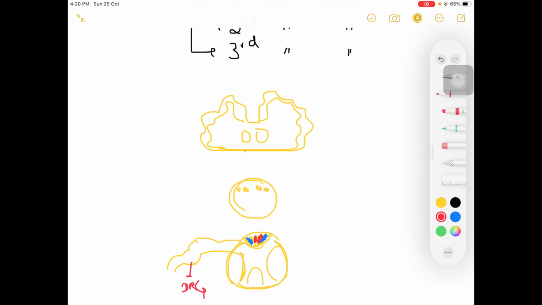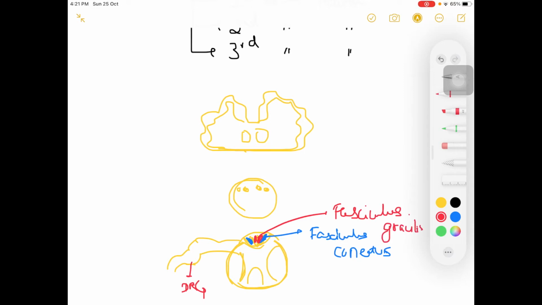Yeah, there's a logic behind that. Let me tell you. This blue one is fasciculus cuneatus, and this red one is what is called as fasciculus gracilis.